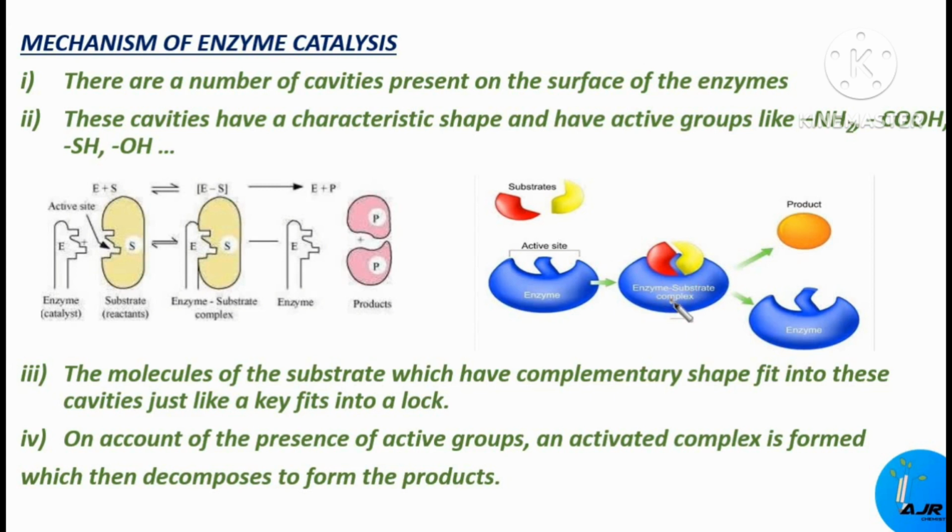Now what happens after achieving the proper orientation? The substrate molecules react to form the enzyme product. After forming the proper orientation, the enzyme substrate complex will form the enzyme product complex. Now what happens? The product molecules sitting on the surface of the enzyme will have no affinity for the enzyme.